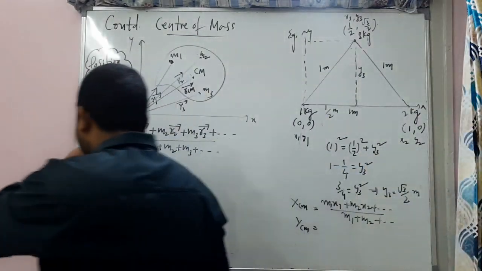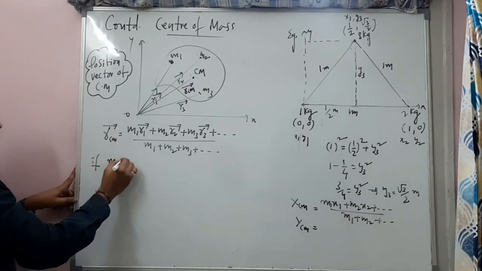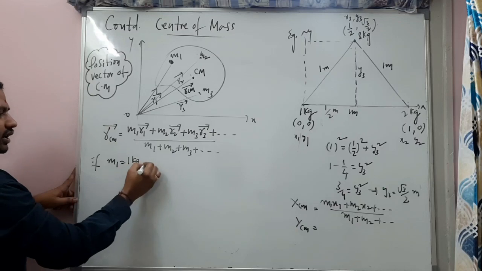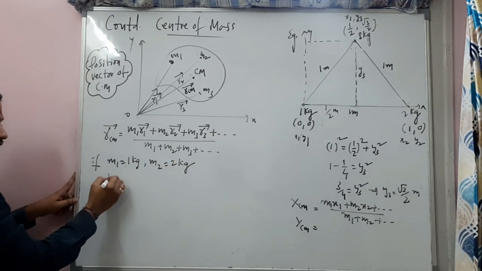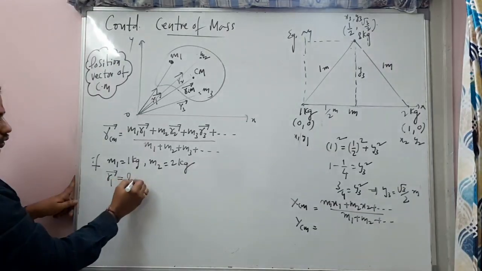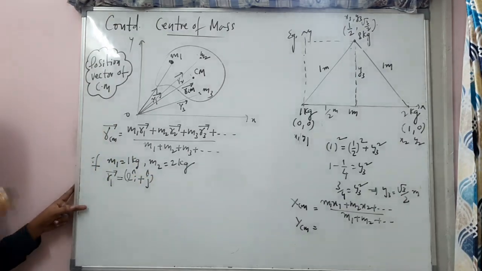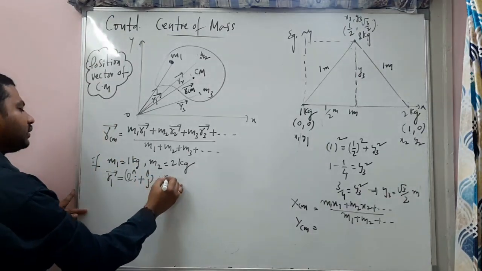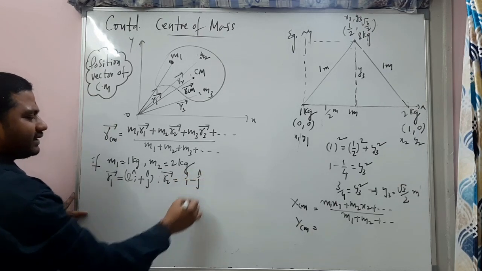For example, if M1 is 1 kg and M2 is 2 kg, and the position vectors are also mentioned, R1 bar is equal to 2i cap plus j cap, in the xy plane, and R2 bar is given as i cap minus j cap.